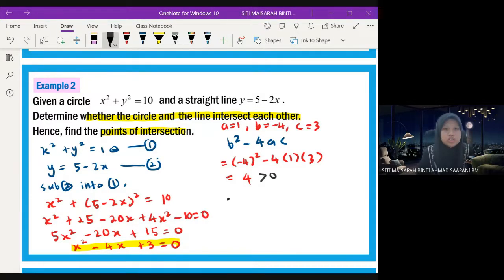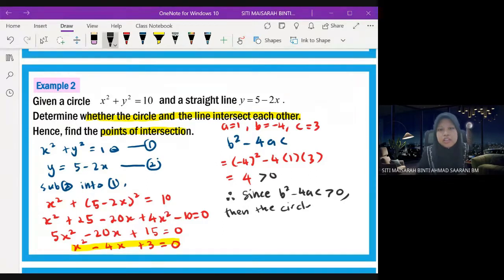So therefore, since B square minus 4AC is more than 0, then the circle and the line is intersect at two point.